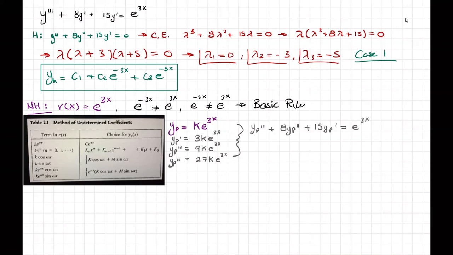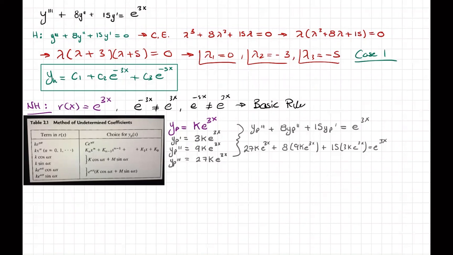Substituting all the values, we get 27k e to the 3x plus 8 times 9k e to the 3x plus 15 times 3k e to the 3x equals e to the 3x.